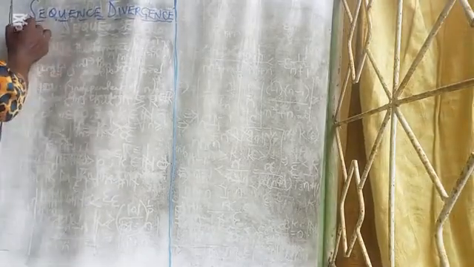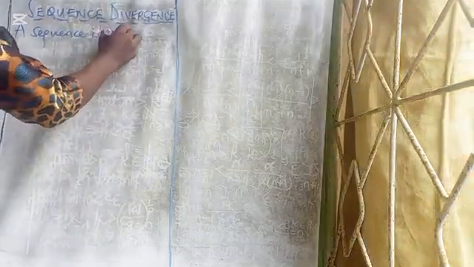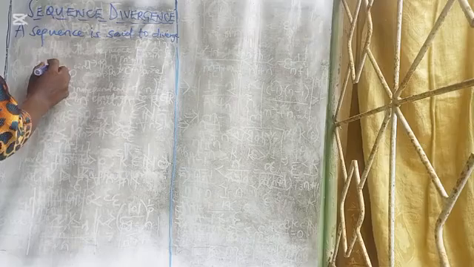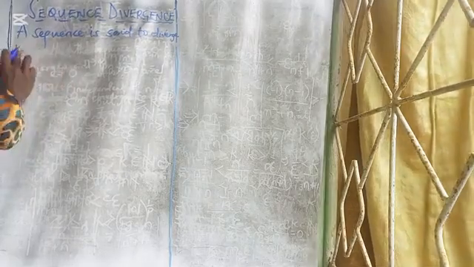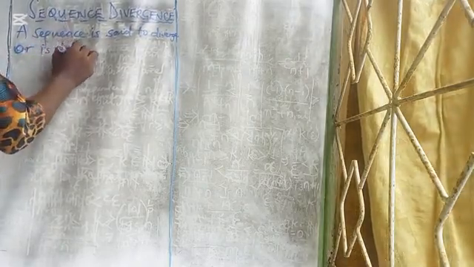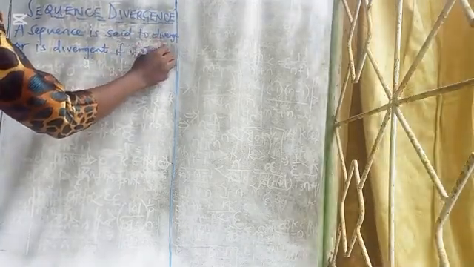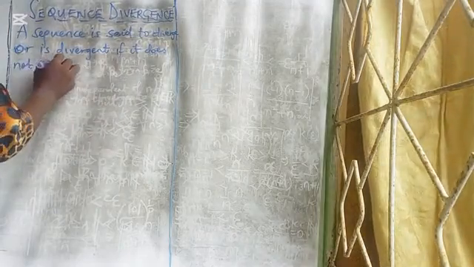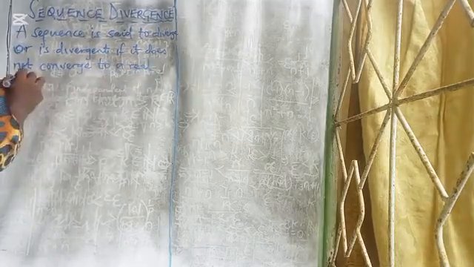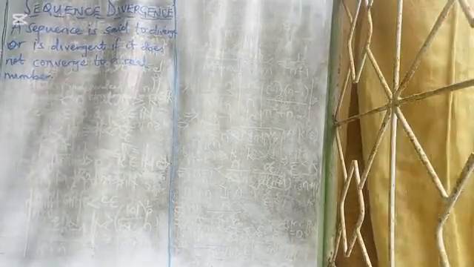That is, a sequence is said to diverge or is divergent if it does not converge to a real number.